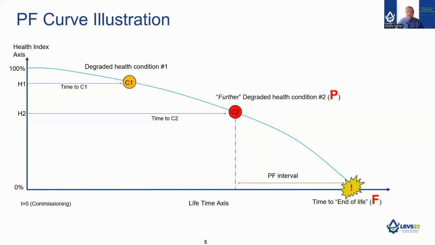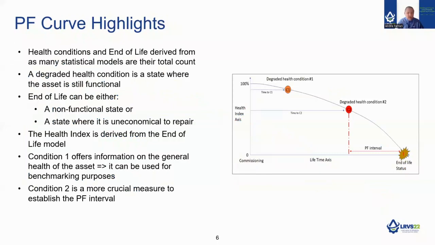There are intermediate earlier detectable conditions like C1, which give yet advanced warning of degradation without losing function, and which might be useful to an operator as another warning signal. So moving on, this slide highlights the important principles around the PF curves.